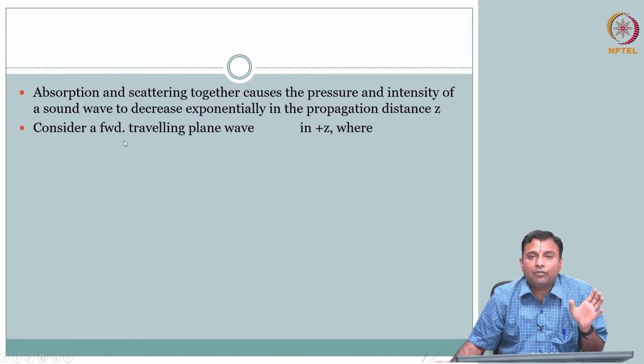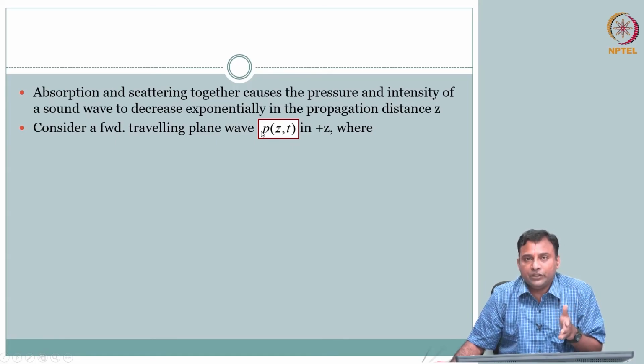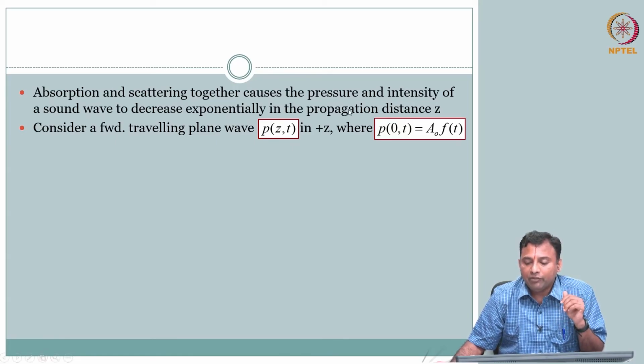So if you have a forward traveling wave, P of z comma t, which is what we want to consider, at z equal to 0 at the source, you start with an amplitude A0 of a pressure function, a sinusoid, cosinusoid that we started. So you can have some amplitude of that.